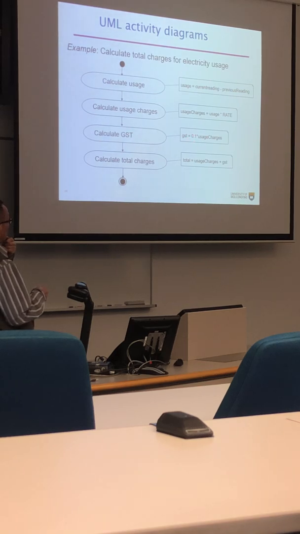You can say GST is equal to 0.1 times the usage charges. After that, you calculate the total charges, with a formula for this purpose. The detail is not supplied in the UML flow diagram, and can be obtained from somewhere else.